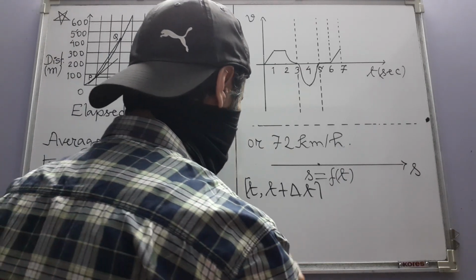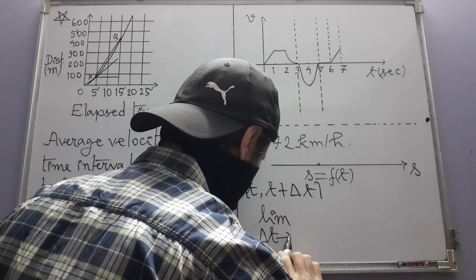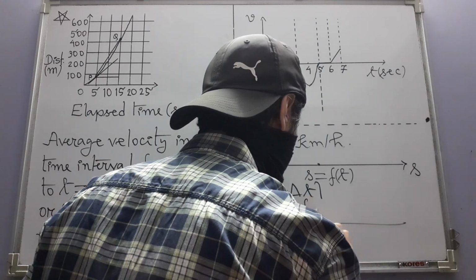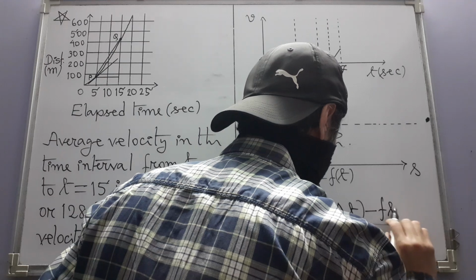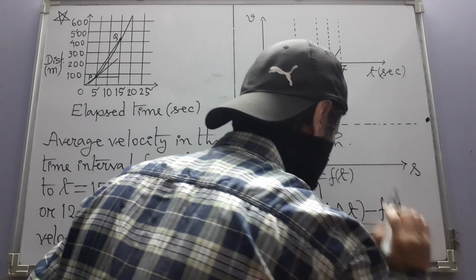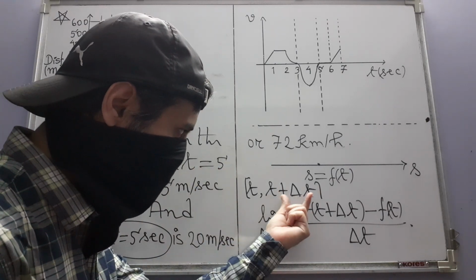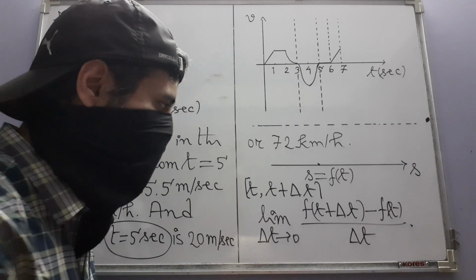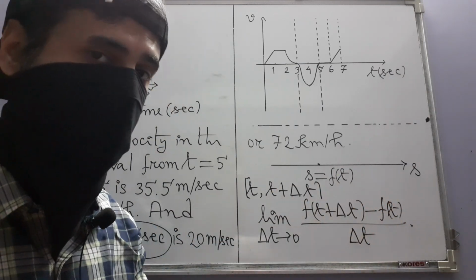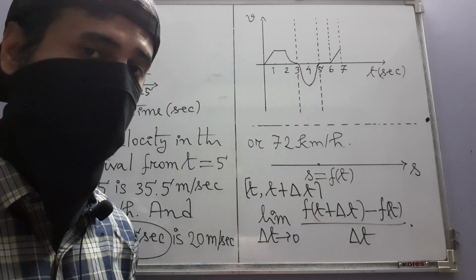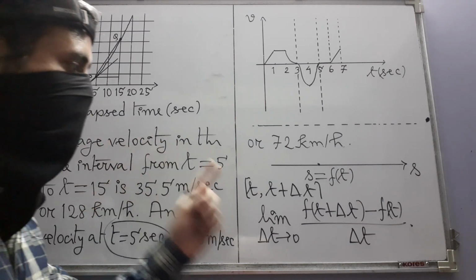So that instantaneous velocity is the limit of that ratio as the interval over which we consider the average velocity itself shrinks, as delta t becomes smaller and smaller. These two ends become nearer and nearer, and if this difference quotient of two differences reaches some real number, then that limit is defined to be the instantaneous velocity.